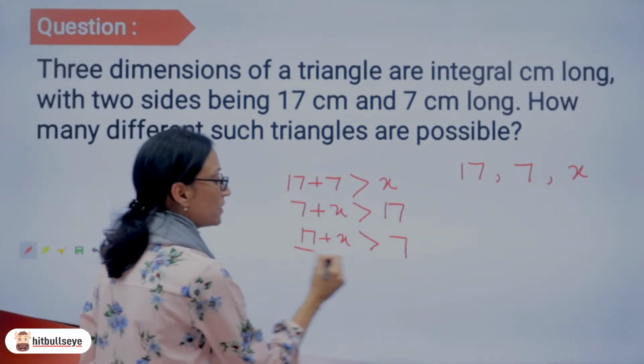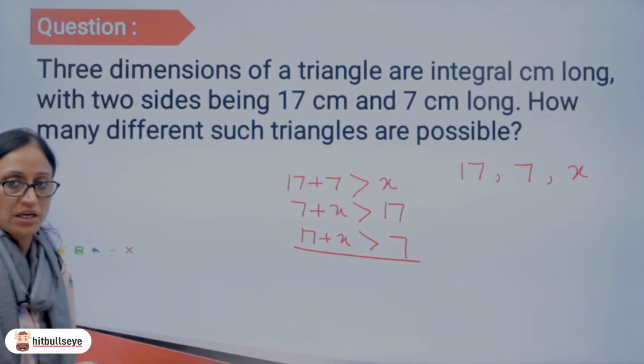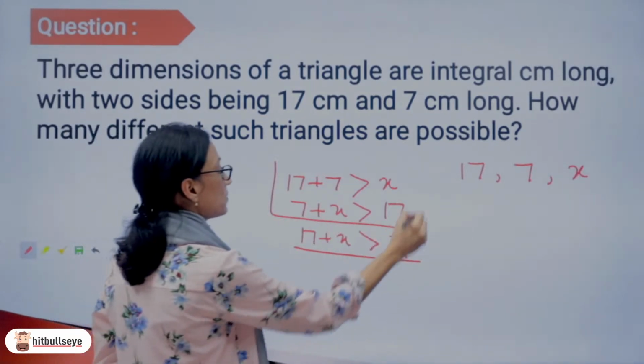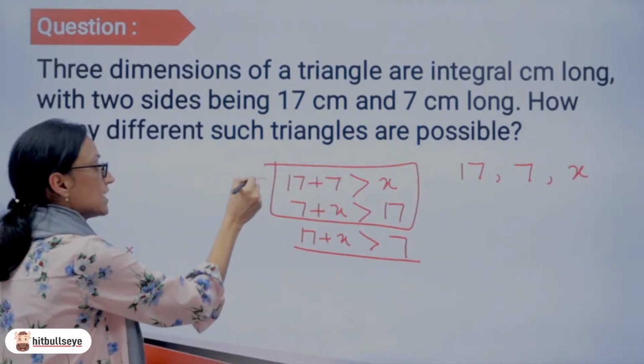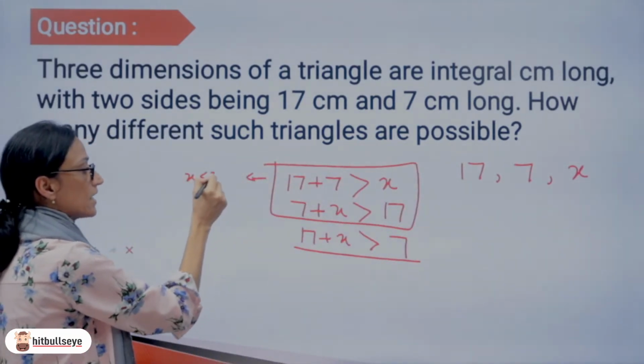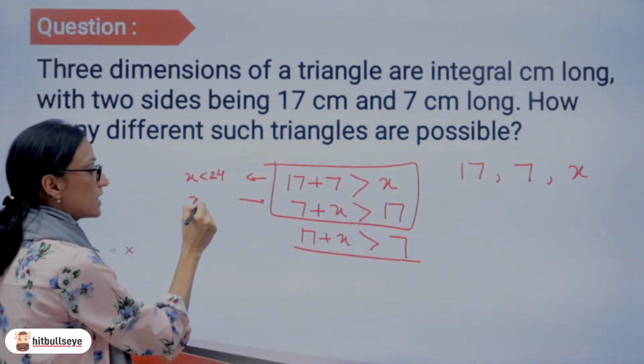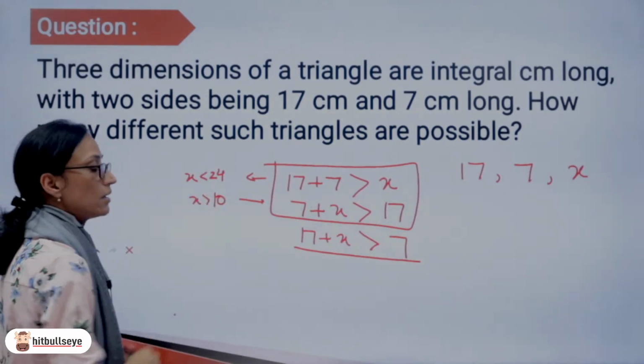Now, this is kind of redundant. We know that 17 added with anything is of course going to be more than 7. These two are important. The first one tells me that x has to be less than 24. The second one tells me that x has to be greater than 10.